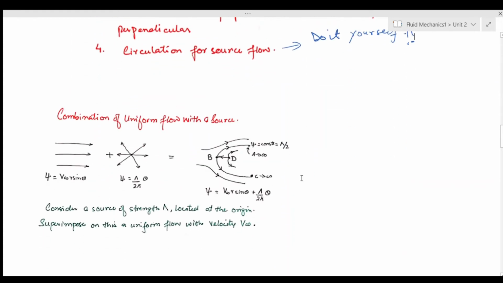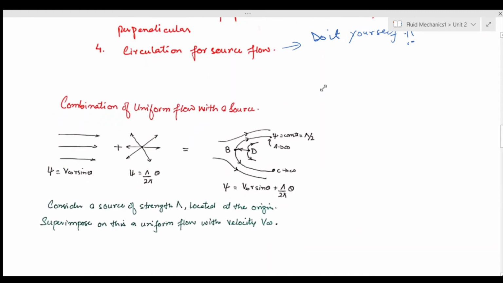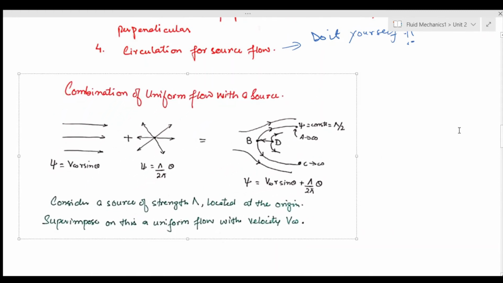So the next logical point for us is to study the combination of uniform flow with a source. Here is my uniform flow. If you remember, I found its equation in the xy coordinate system, and for my source flow I found its stream function equation using the r theta axes.